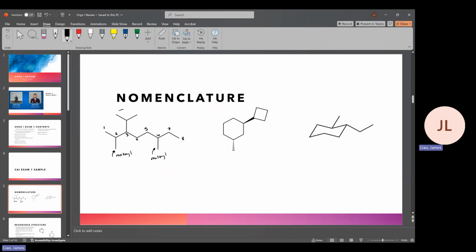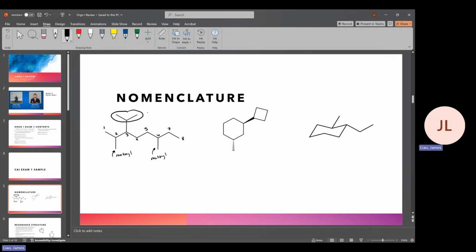For this big one over here at carbon 3, this is a propyl group because it contains 3 different carbons. But how it's bonded to the parent chain is what makes it an n-butyl or iso or sec or a tert or a neo. So in this case with propyl, you have just propyl, which is a standard 3-carbon chain, or isopropyl if it's sticking out like a V-shaped tree, which it does.